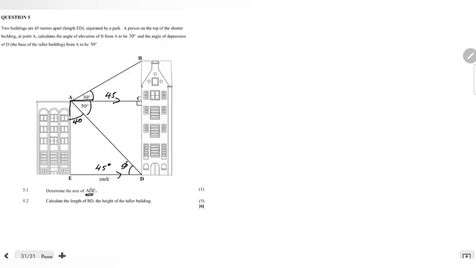If this is 40, the other acute angle is 50. That way also we can find it. So let me write it here using alternate angles. 5.1, the size of ADE, or you can put theta, is equal to 50 degrees. Reason is alternate angles.